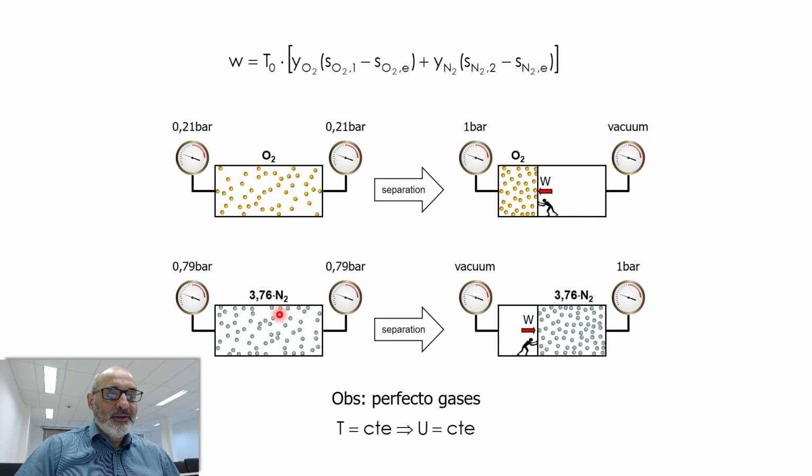And the same applies to N2, okay? So it's like having an invisible piston here and an invisible little guy that is pushing all nitrogen molecules to the right, and the force here times the corresponding displacement is equal to this separation work, okay? And obviously we're going to add these two works here, okay? And since they are perfect gases, temperature being constant, its internal energy is going to remain constant, okay, because it's a perfect gas.